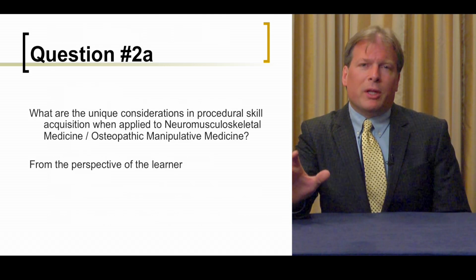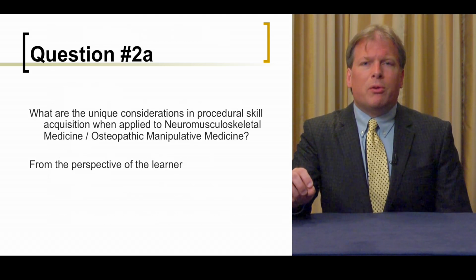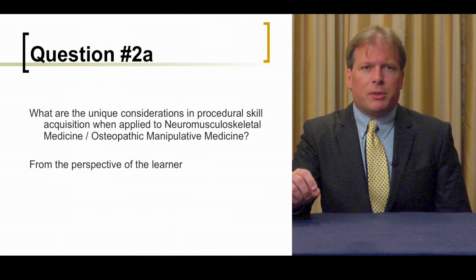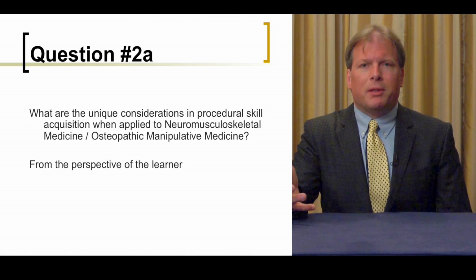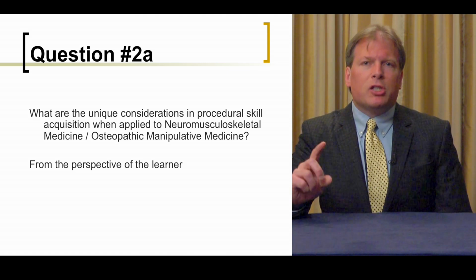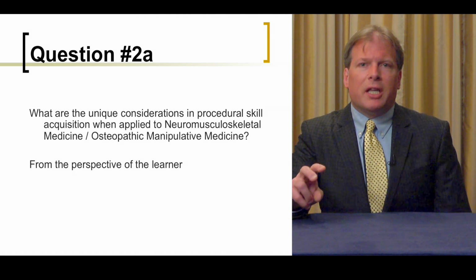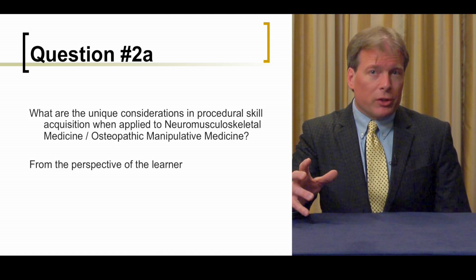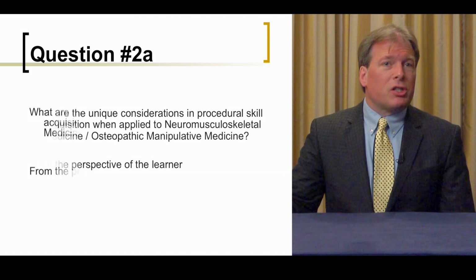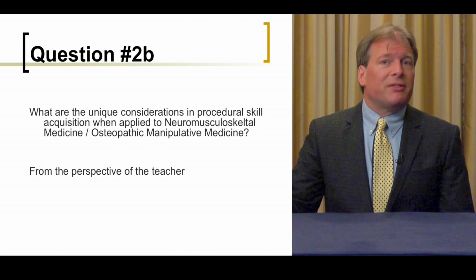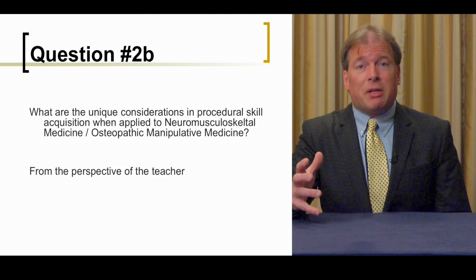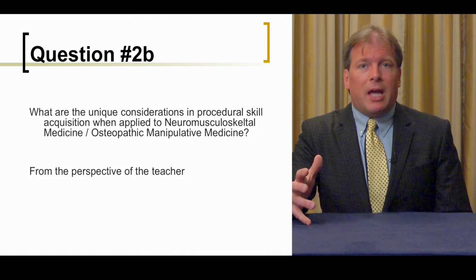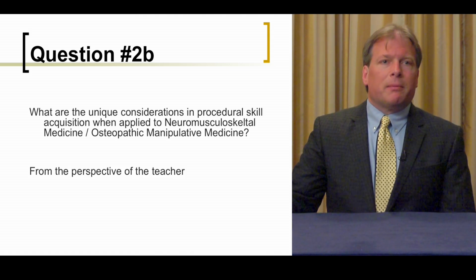The next question we look at with this is, what are unique considerations in procedural skill acquisition we're applying to neuromusculoskeletal medicine and osteopathic manipulative medicine? Let's look at two different perspectives. Let's look at the perspective of a learner, and then also think of the perspective of the teacher, because each one has different elements that we're looking at, and their perspectives interact in how we're doing it.